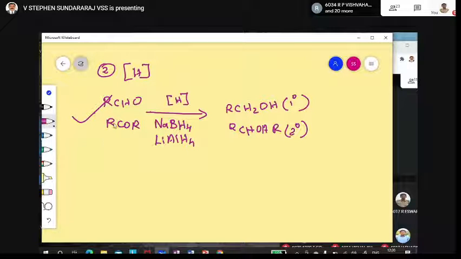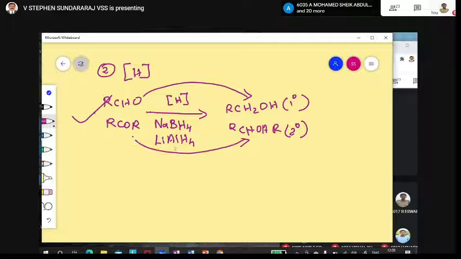Okay. So here, this point we write down: aldehyde will give primary alcohol and ketone will give secondary alcohol. This is one reaction. Another one is a name reaction, just to see, the Clemmensen reduction. In both cases I will just show the reaction pattern.